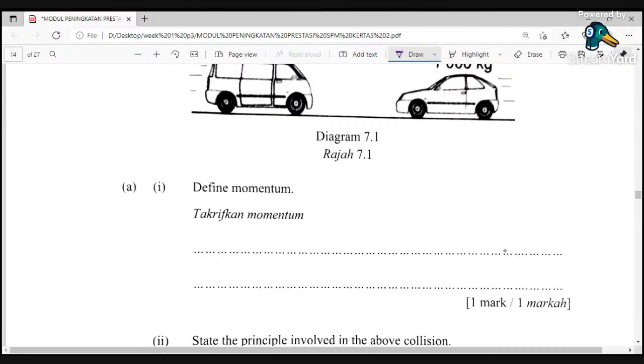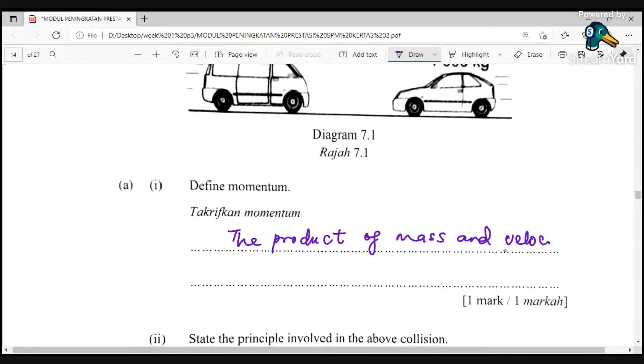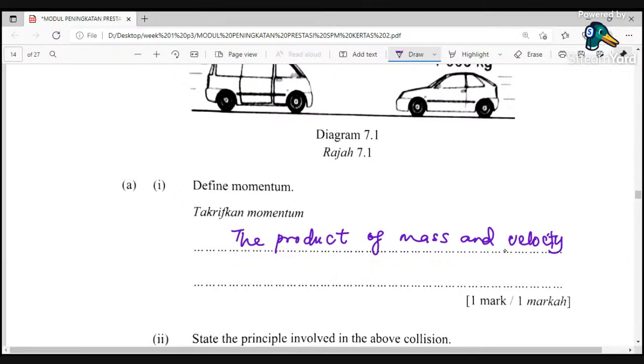Define momentum. Momentum is the product of mass and velocity, hasil darab jisim dan halaju, ataupun nak tulis macam formula pun boleh.